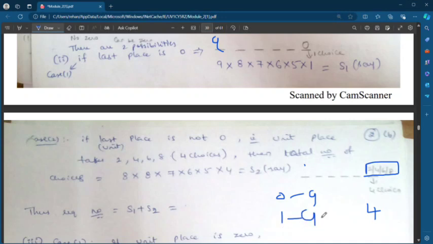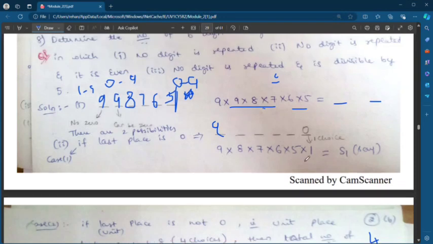Among 1 to 9, one number is taken in the last place, so here again it is 9 numbers, one number taken, so it is 8 numbers. Here I can include 0. From 0 to 9, one was already taken, so here also 8 will be there. Now 2 numbers are gone from our total, so here 7, 6, 5, and here it is into 4. Why? Because it is 2, 4, 6, 8. We have to multiply this.